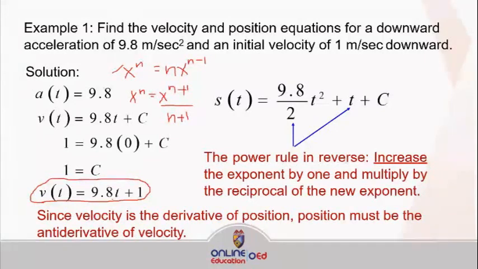Kaya kung ang derivative ang gagawin natin, magiging 9.8 na siya. Pero, since ang ginagamit natin is the anti-differentiation, itong formula na to, yung ginamit natin para dito sa problem na to. So again, kung ito yung formula na ginamit natin, based dito sa problem natin na to. So as is, we have the 9.8.